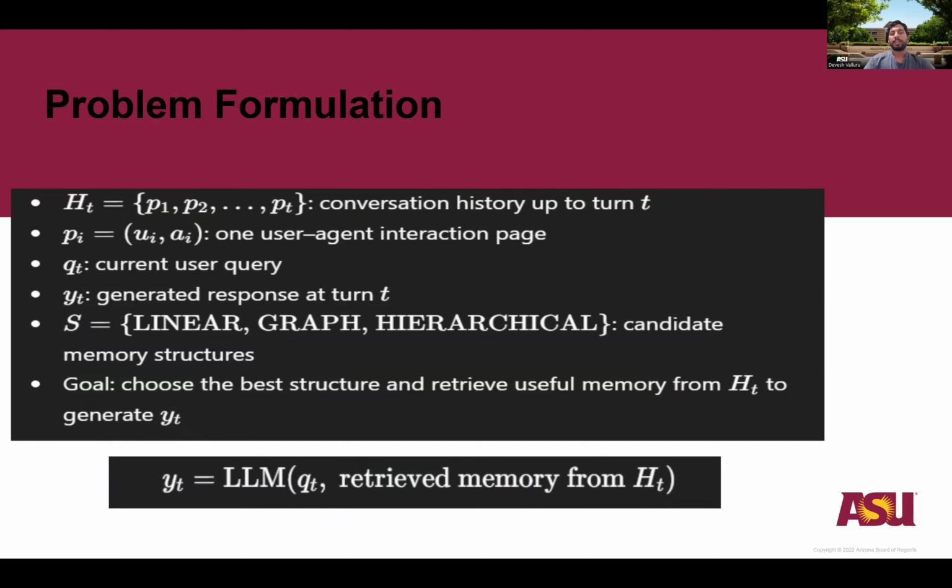And then we have the query, Q_t, which is the current query. We need to generate a response at time t based on the current query and retrieved memory from the conversation history, and also by selecting a memory structure that is useful in this case.